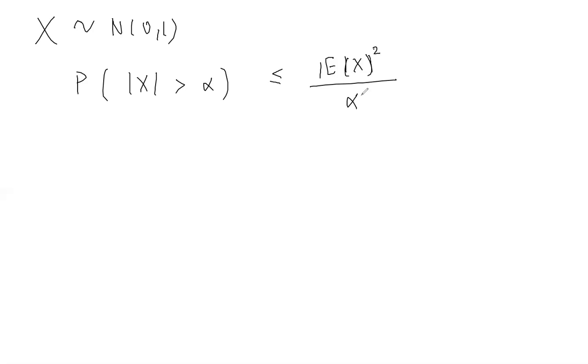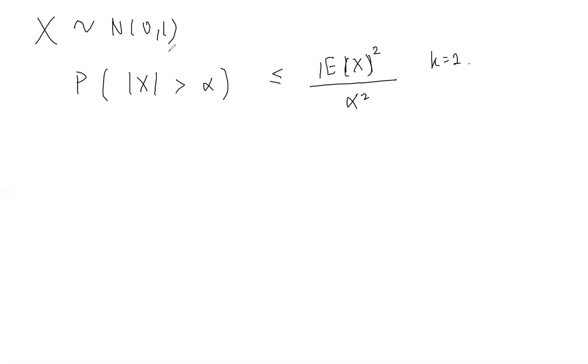This is one possibility, so you choose k equals 2, right? Then that will be just your Chebyshev's bound. It's okay, we can try that.